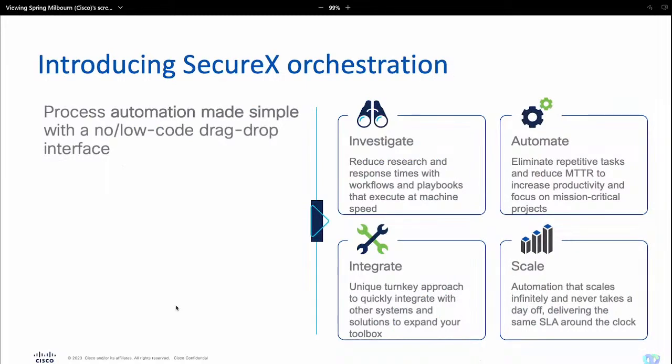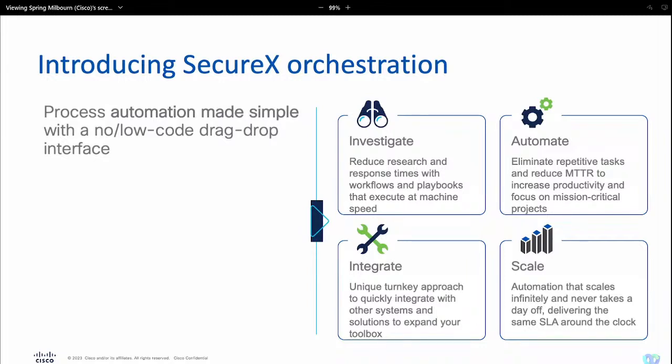From there, once you're comfortable investigating using SecureX and threat response, you might choose to expand out and add automation and orchestration. And this will allow you to automate repetitive tasks and create custom workflows. With that, you'll be able to investigate your security events with machine-like speed, with pre-built and custom playbooks.